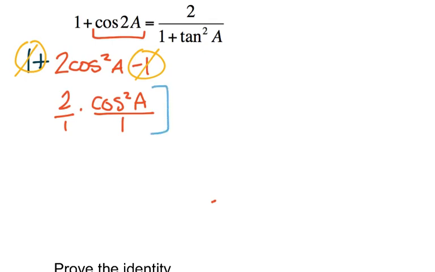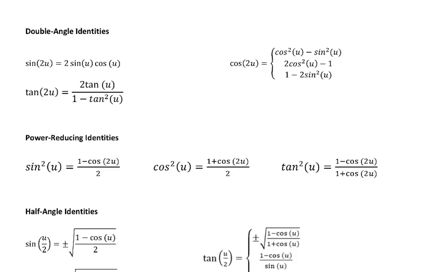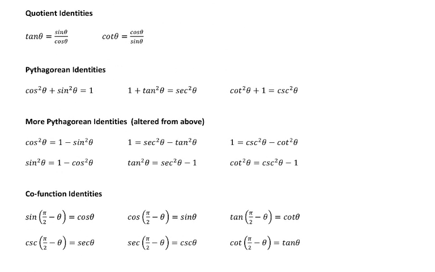Ultimately, because I know that I want to somehow get to tangent squared, and I also want to get to 1 plus tangent squared, hopefully looking at our formulas, the 1 plus tangent squared reminds you of this guy right here. And so I'm looking at a cosine right now, and I'm trying to get a secant.